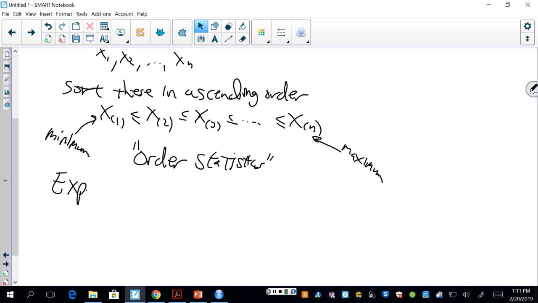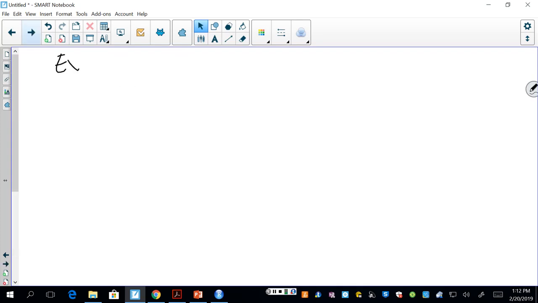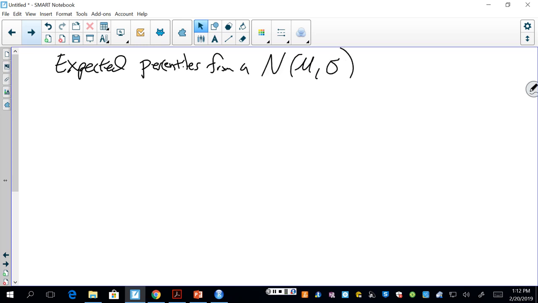So the expected percentile, I'm going to put this on the next page. We can look at the expected percentiles from a normal distribution with some sort of mean and standard deviation. So if we have n points, you don't want to take n over n because that's 100%.